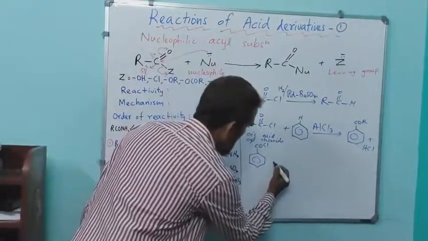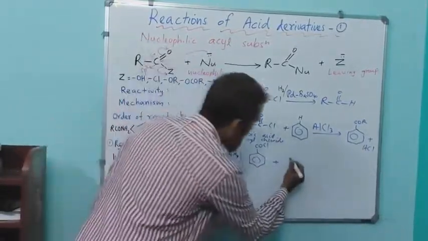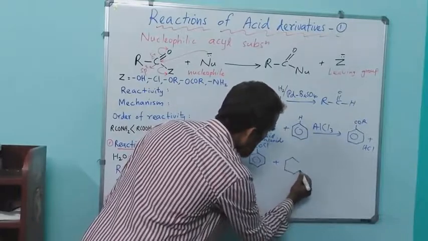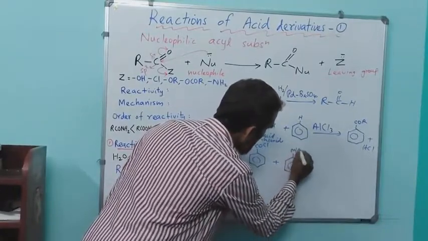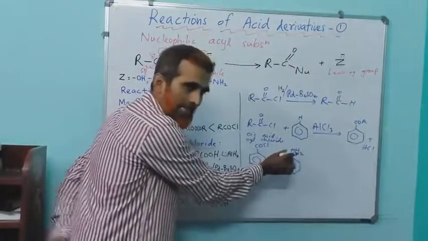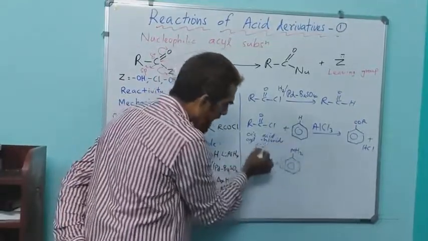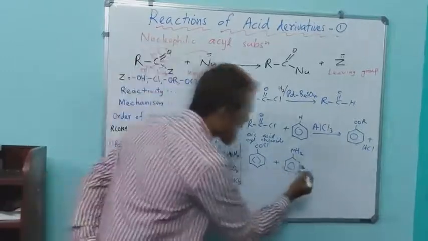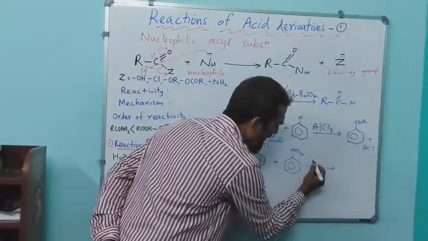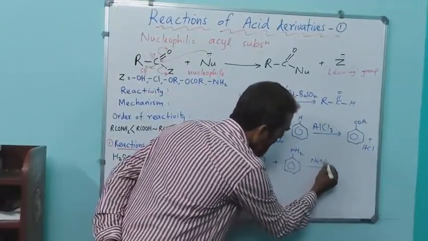It is treated with aniline. So the reaction here is this acidic or replaceable hydrogen is replaced by this benzoyl group. That's the thing. And you have to use some base like NaOH or pyridine.